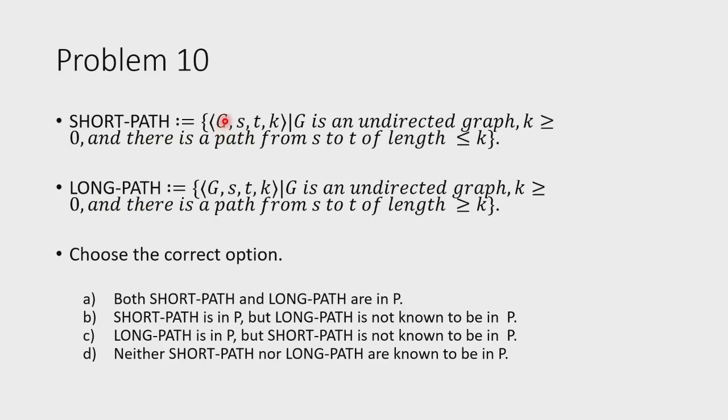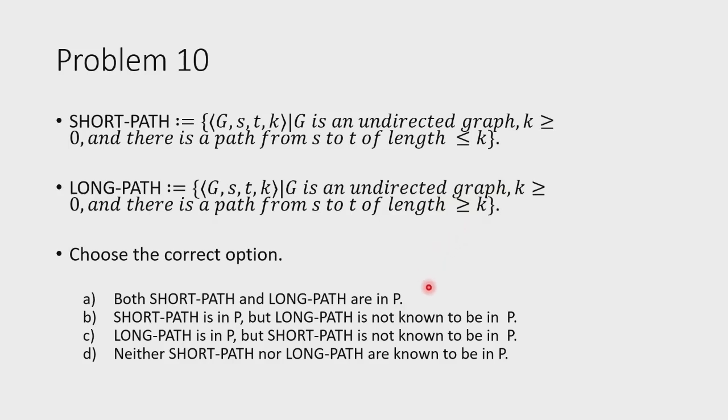Short path is the language of tuples G, S, T and K, such that G is an undirected graph, K is greater than or equal to 0, and there is a path from S to T of length at most K. Long path is the same language, but 'at most' changes to 'at least'.